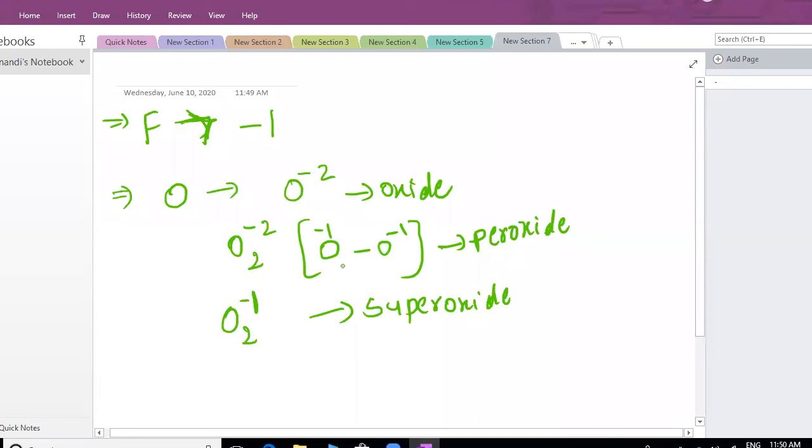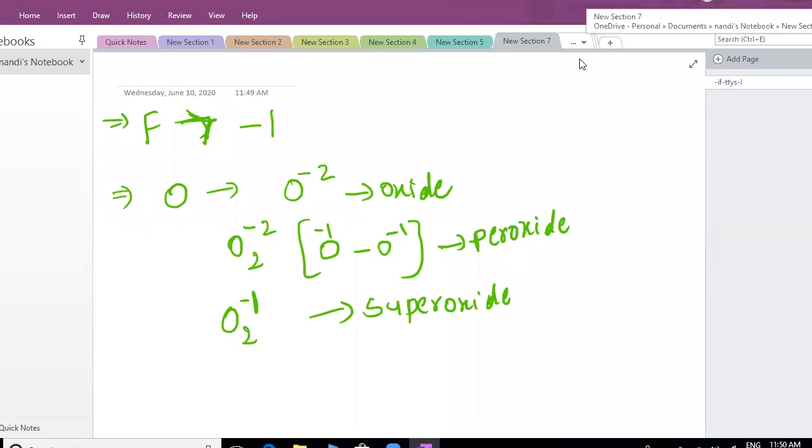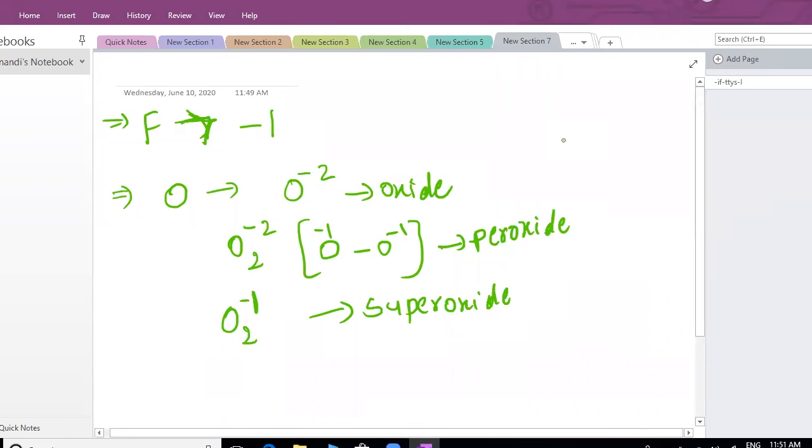So oxygen is the second most electronegative element in the periodic table. Second villain or second hero, you can assume that, oxygen. E means electrons. Please note that wherever I am writing the symbol, E means electrons.